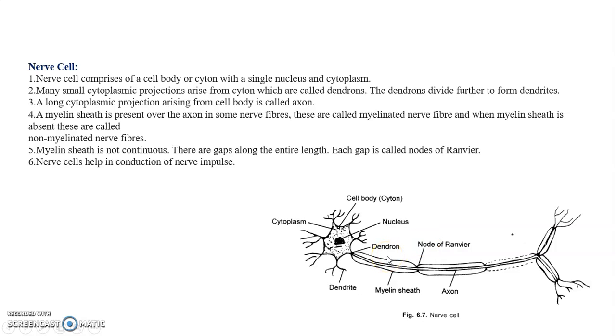Nerve cells help in conduction of nerve impulses. As we all remember, all the physiological and anatomical activities in organisms, or in developed animals including humans, are under the control of our brain activity. So the brain helps to control our body activity through nerve fibers via nerve impulses, and these nerve cells help in conduction of nerve impulses.